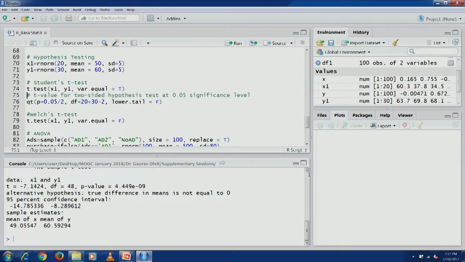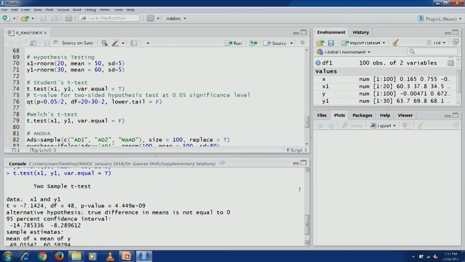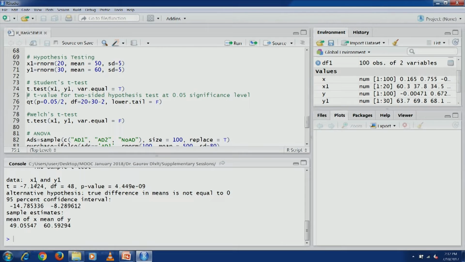You would see in the result it is a two sample t-test, because we are trying to compare the means of two samples x1 and y1, and you can see the data mentioned as x1 and y1. You will also get a t statistic, t as minus 7.1424, and the degrees of freedom is mentioned as 48.